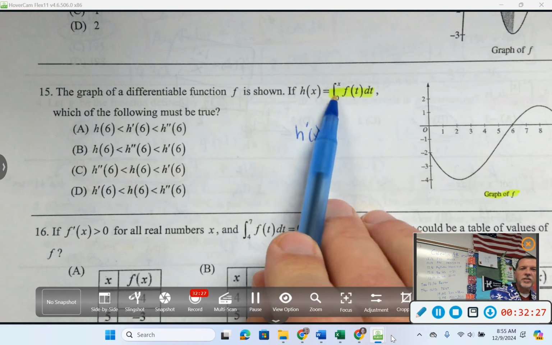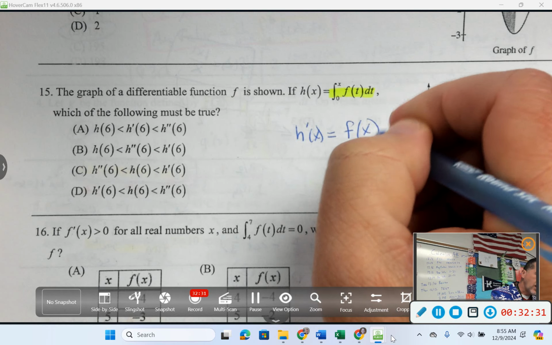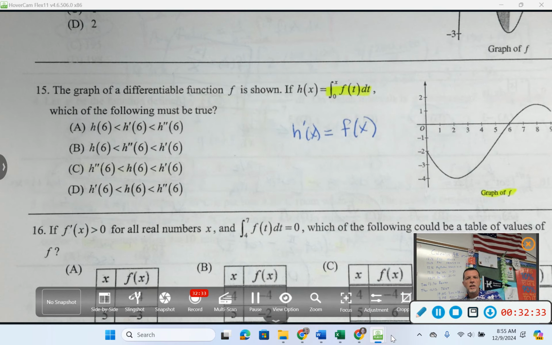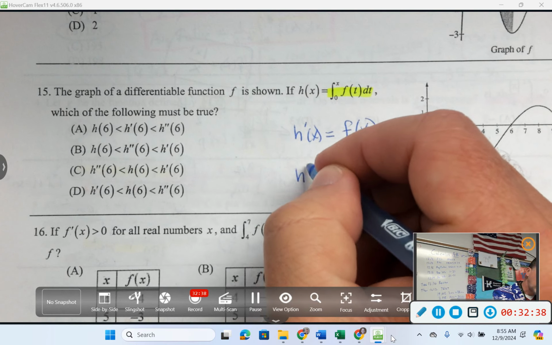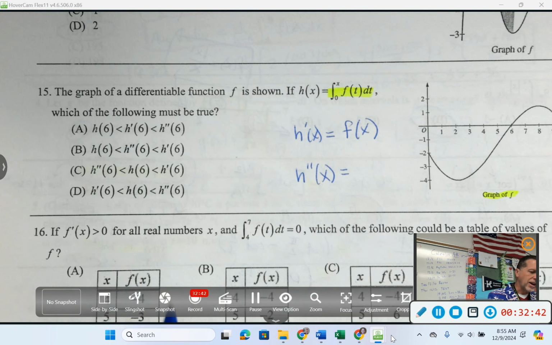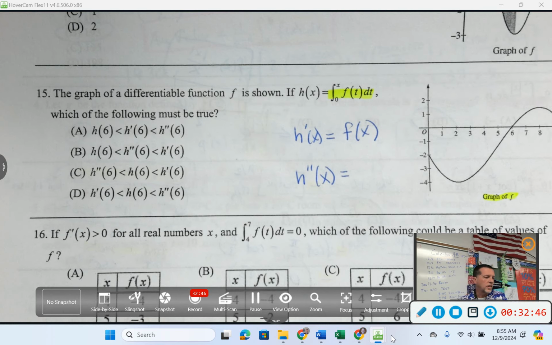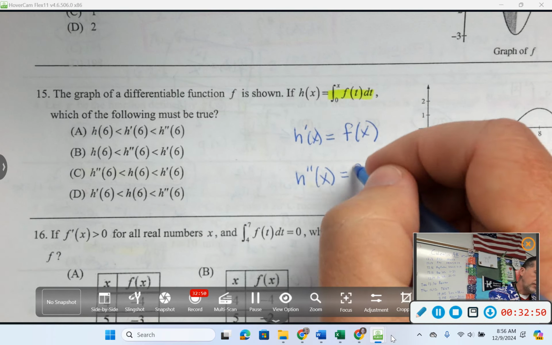If I take the derivative of this guy, I would just get f. So H prime is f of x, which means the second derivative, because I'm looking over here at my answer choices. What's the second derivative of H equal to? F prime.